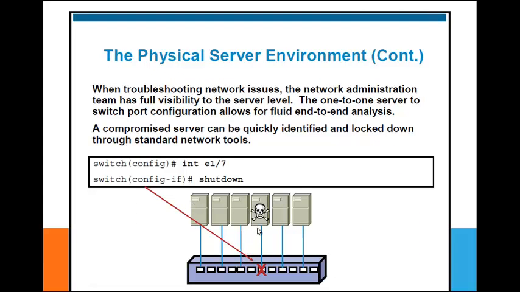So if one of your servers is malfunctioning, all you do is go to that physical interface and shut it down to isolate the problem. It was very easy because each server connected to a separate dedicated physical port. So there was an end-to-end connection between server and switch port. It was easy to troubleshoot.